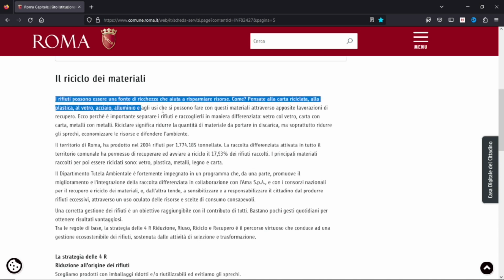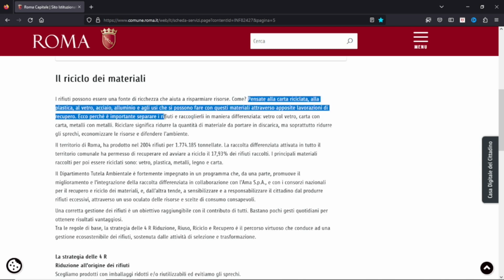So this first sentence: refuse can be a font of riches that helps to, and I don't know what risparmiare is, but I'm assuming it's something like reuse resources. How? There's the sentence end.